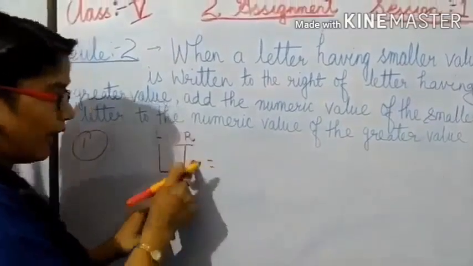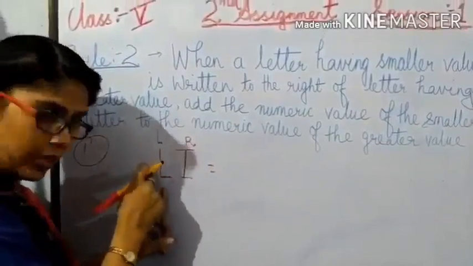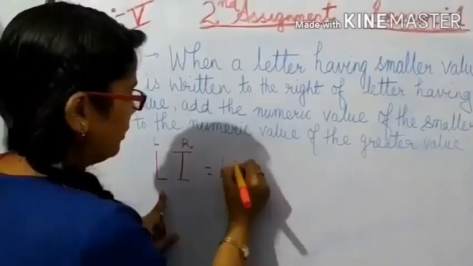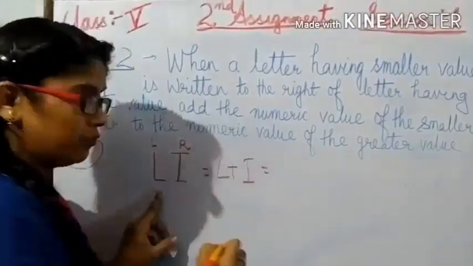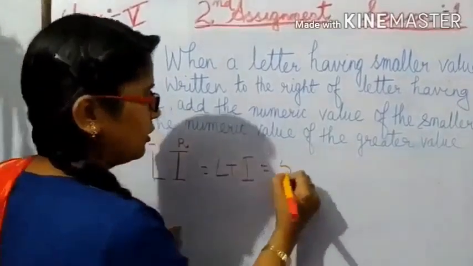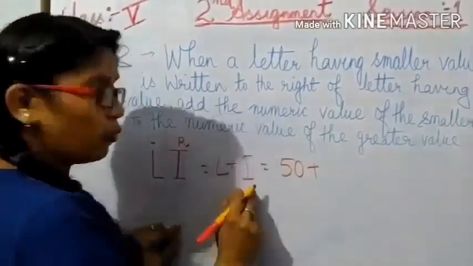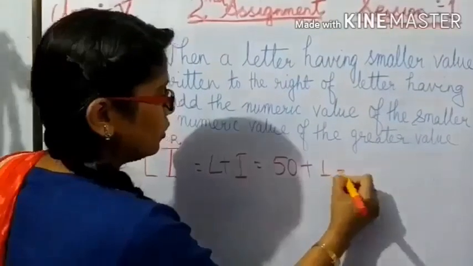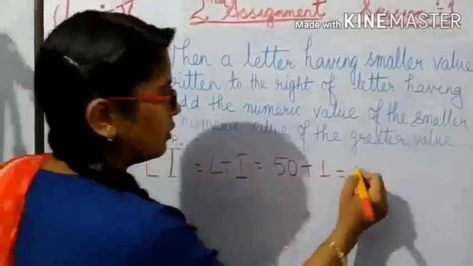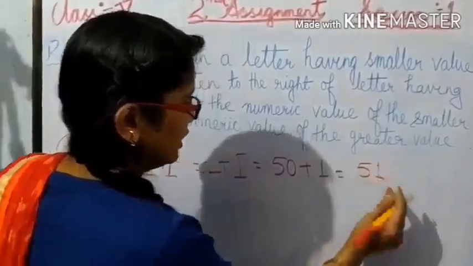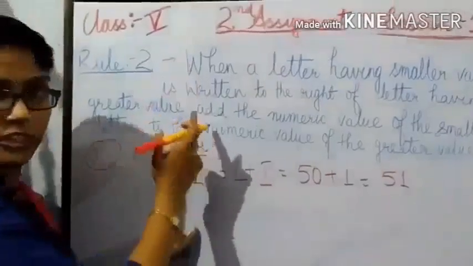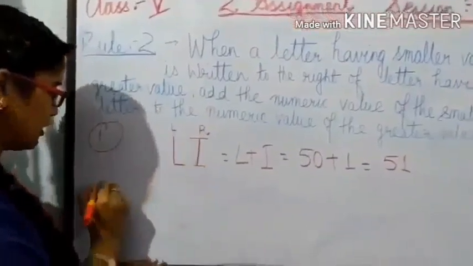So L plus I, and the value of L is 50 and the value of I is 1. So 50 plus 1, 51. This justified this rule.